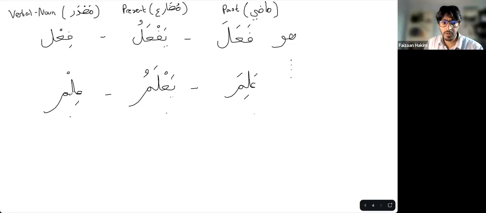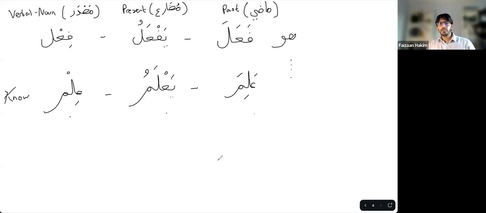And because now you know the meaning of the masdar, if I just say alima ya'lamu ilm, to know, you don't need to ask what this means, what ilm means. Just by knowing that all these things come under know, you know this is knowing, knew and knows.